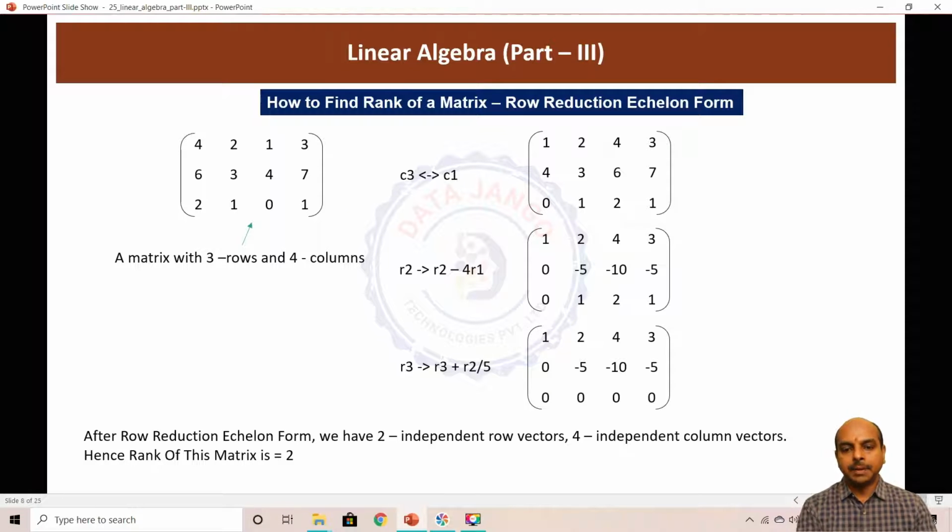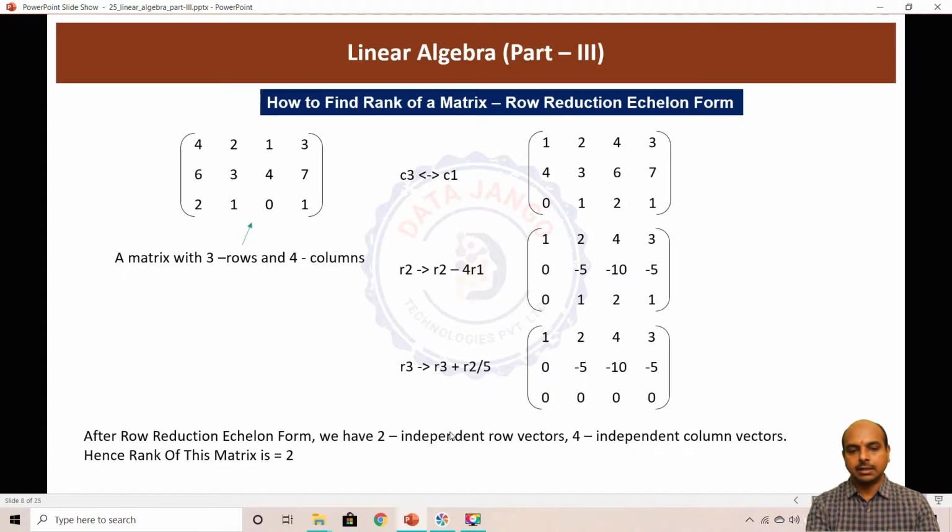And independent column vectors, how many? 1, 2, 3, 4, because non-zero vectors are there after doing the row reduction echelon form, so they are independent vectors. So 2 is less than 4, so rank is going to be 2. After row reduction echelon form, we have 2 independent row vectors and 4 independent column vectors. Hence the matrix rank becomes 2.